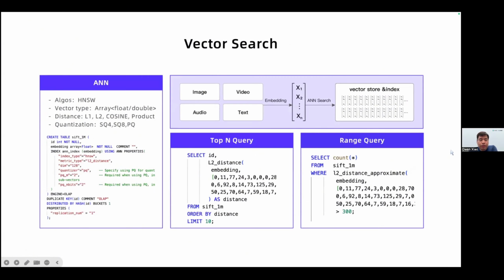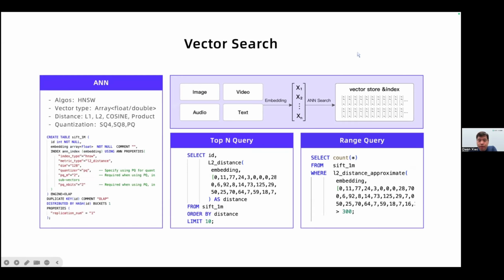deep into the features. First, vector search. For unstructured data such as text, image, audio, and video, you can convert them into vectors using embedding models. And then you can search for similar embeddings using a vector index and vector search.